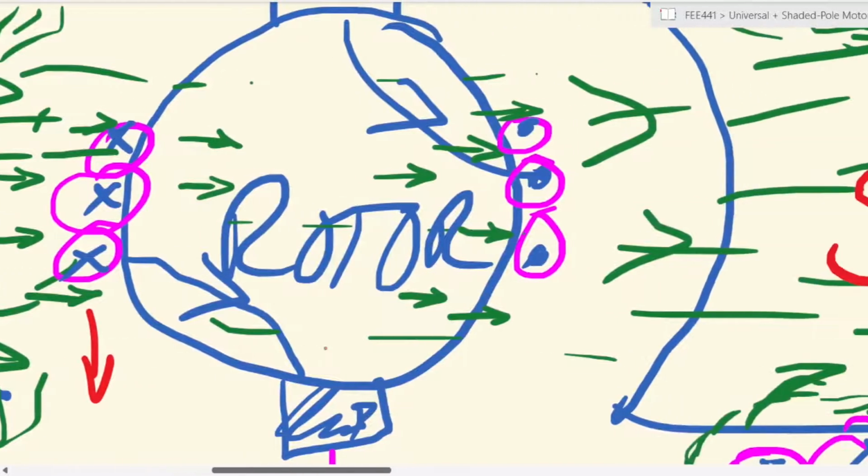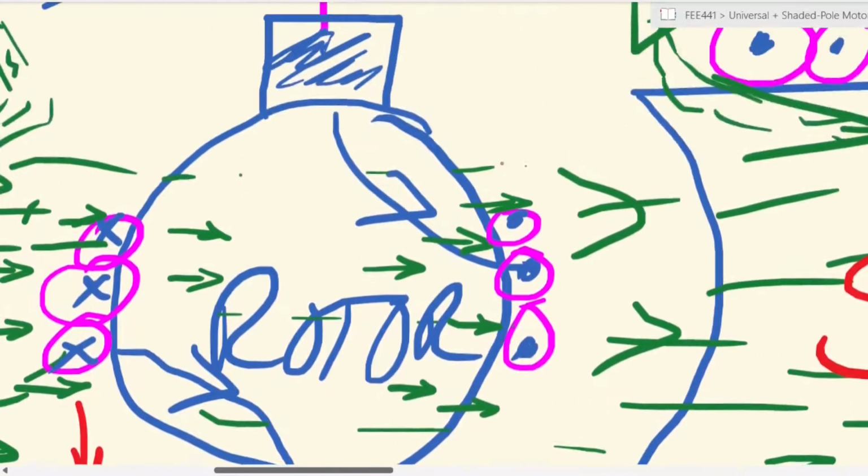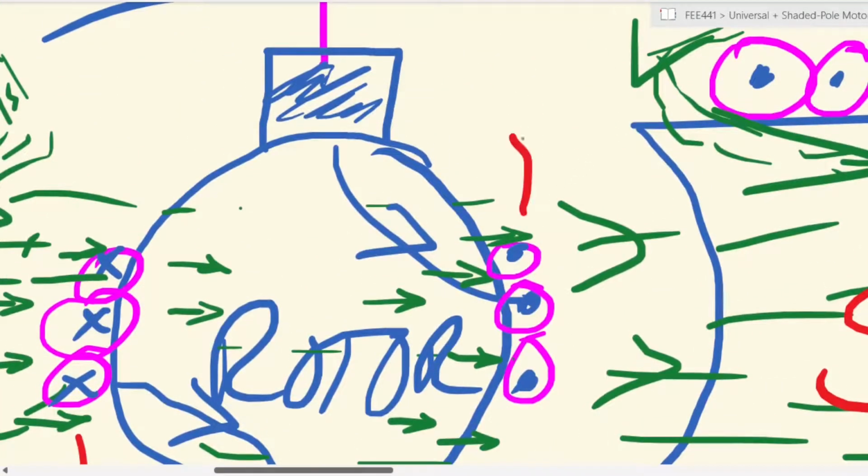And if we move across to the right hand side, same left hand, same index finger pointing to the right, but this time you have the current flowing outwards out of the screen. You make your middle finger point in the same direction, and that means you will end up with a force on these windings that is acting upward, because that is the direction your thumb is pointing.